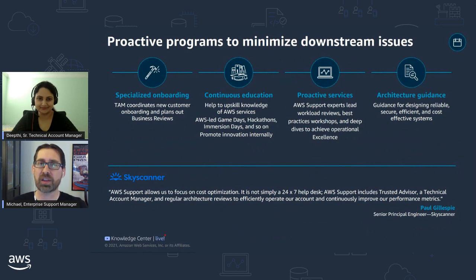So I'm going to start off with talking about a number of programs that the TAM does with a customer when they are new onto enterprise support and as they get going. So we start off with an onboarding and a kickoff to introduce them to all of the various entitlements that they are now receiving as part of enterprise support.